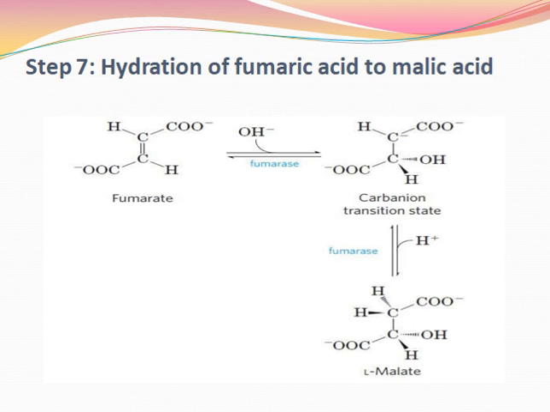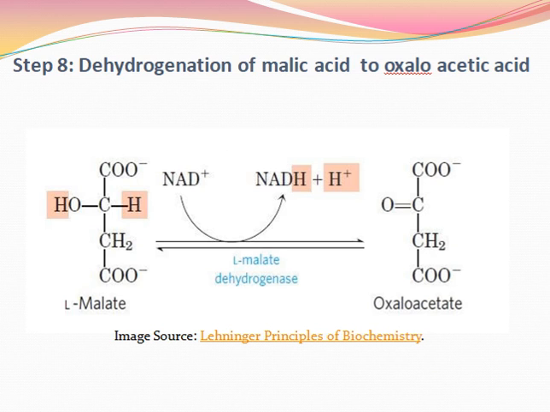Then step number 8, dehydrogenation of malic acid to oxaloacetic acid. The malic acid now undergoes dehydrogenation to form finally oxaloacetic acid, which is one of the 2 components that form citric acid to start the cycle.